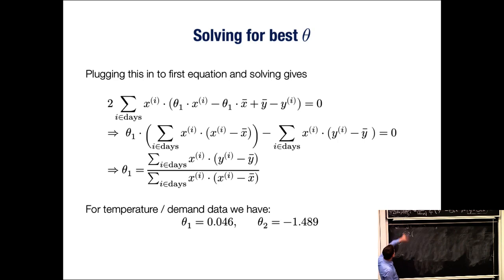Anyway, I'm going to take the expression for the derivative with respect to theta 1, which is going to be 2 theta 1 xi plus theta 2, which is in this case minus theta 1 x bar plus y bar minus yi, times xi, right? That's my derivative up there. I want this to be equal to 0.